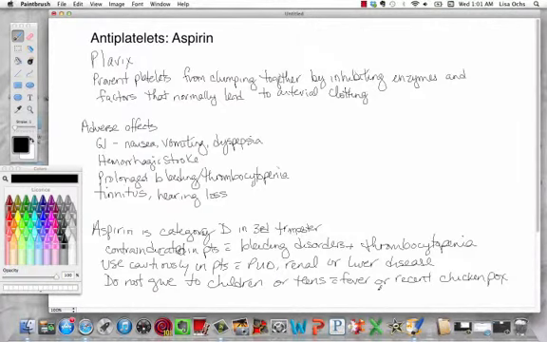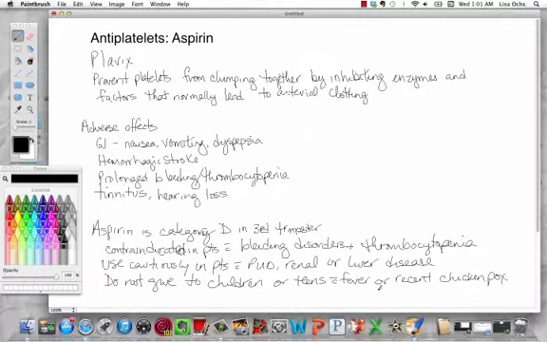Some quick notes about aspirin, which is the primary antiplatelet that you're going to see. You may also see Plavix, which is another antiplatelet type of drug. Basically, these drugs work by preventing platelets from clumping together. If you remember from A&P, one of the things that happened when the vessels were damaged was the platelets would send off chemicals.